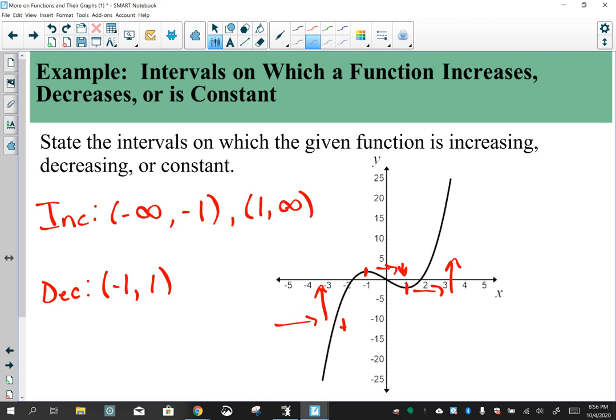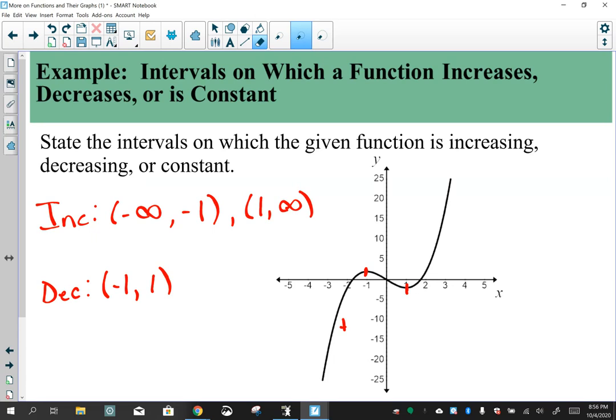Okay. So when you go through these, notice I didn't use any brackets here at all. Even though the numbers are included at a turn point, let's see what it says. On this first increase, I go up to -1. Well, -1 shows up here and here. A turn point doesn't actually start in that specific interval. You start at that, but you don't include that actual -1 because that -1 is a max or a min.